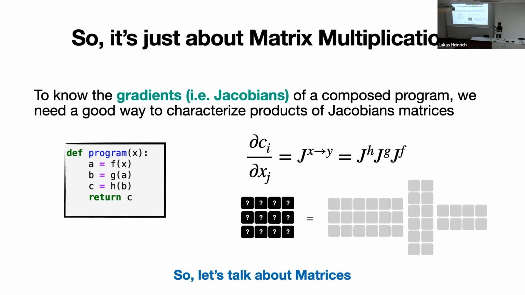We need to find a way to characterize what the product of the individual Jacobians is. We know the overall Jacobian matrix is the product of the individual Jacobian matrices, so that's already simplifying it a bit. We have some structure, and we now need to figure out how we can characterize this type of structure in an efficient way. So now we'll do a little bit of a detour and talk mostly about matrices, and then we'll come back to the derivatives and apply what we learned to this.